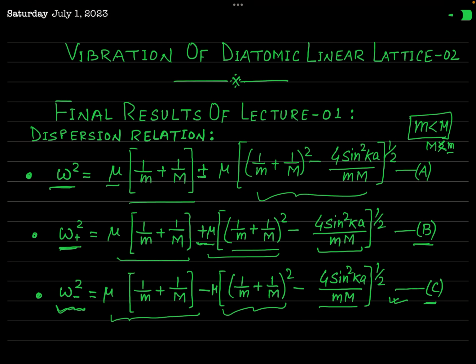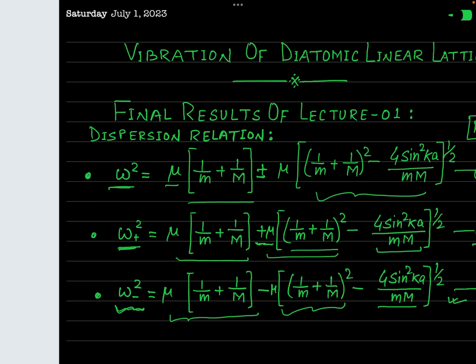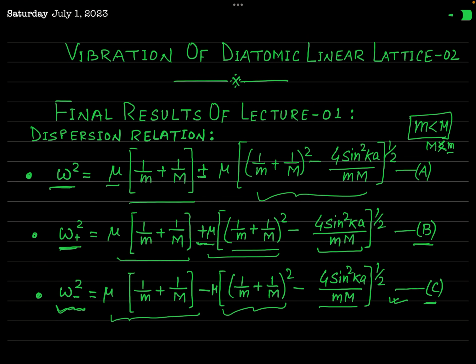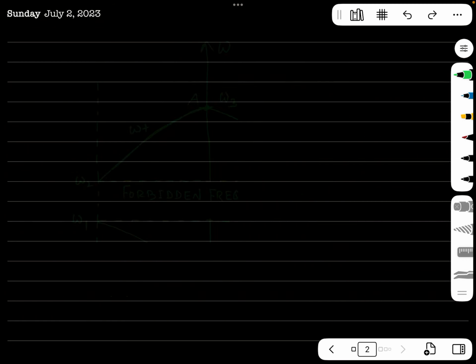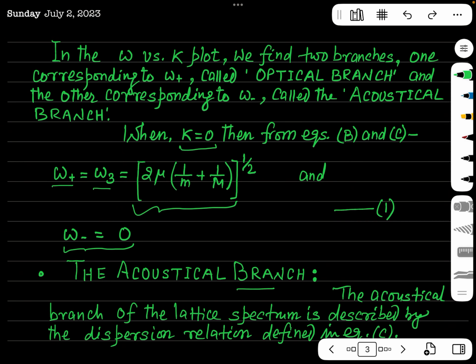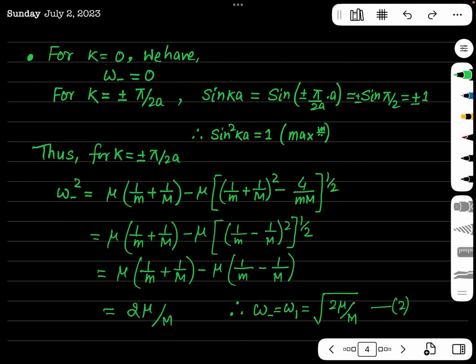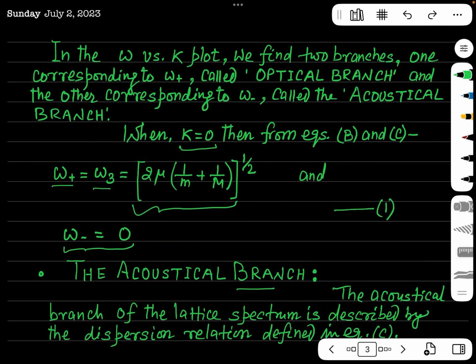You can see that this is the frequency defined in this equation C. This represents the frequency of the acoustical branch. So now we will see some of the important facts regarding this result. Again, if you take k equal to 0, as you have already seen, when k is 0, then omega minus is 0.